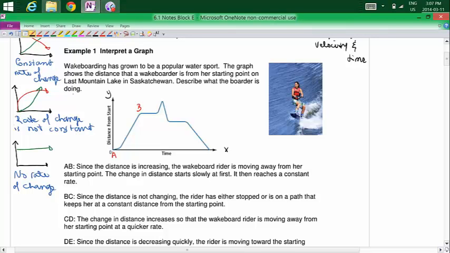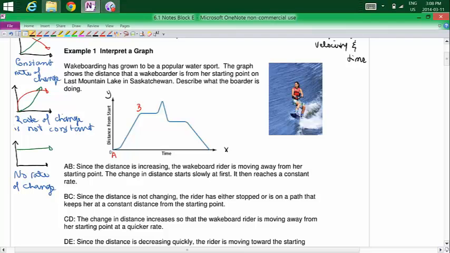On our vertical axis we have distance from our starting point, and on the x-axis, or the horizontal axis, we have time. So if you notice, the graph is going up from A to B. That means your distance is increasing, so we're moving further and further away from our start point, and that happens over time also. Okay, so the longer we travel away from our starting point, our time increases, right?